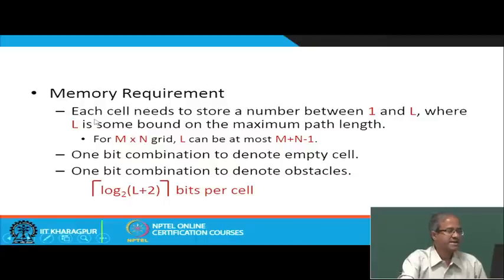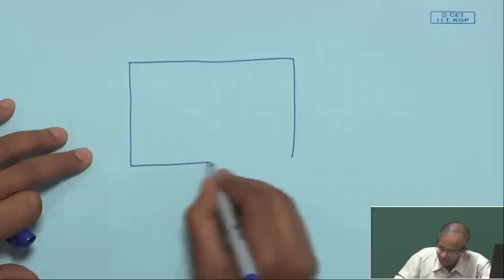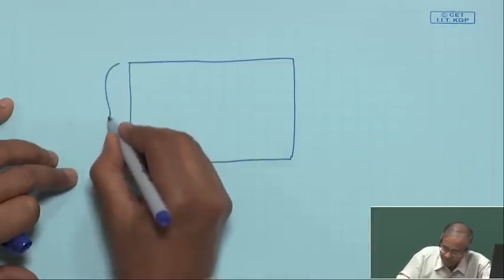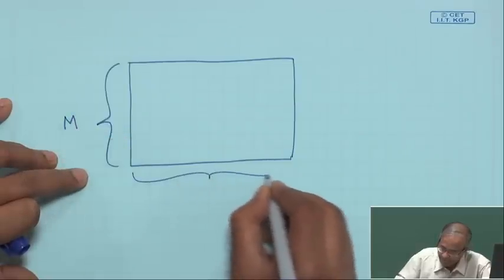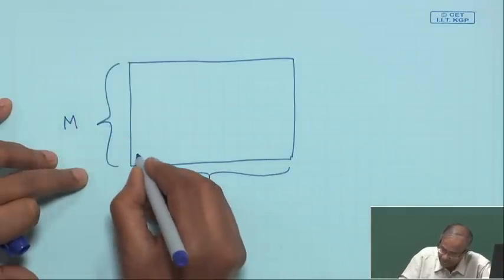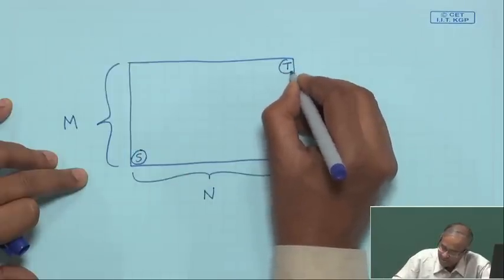Each cell needs to store a number between 1 and L, where L denotes the maximum path length that is possible. As I had said, for an m by n grid, suppose I have a 2-dimensional grid with m rows and n columns, and my source is located at one corner and the target at the other corner.